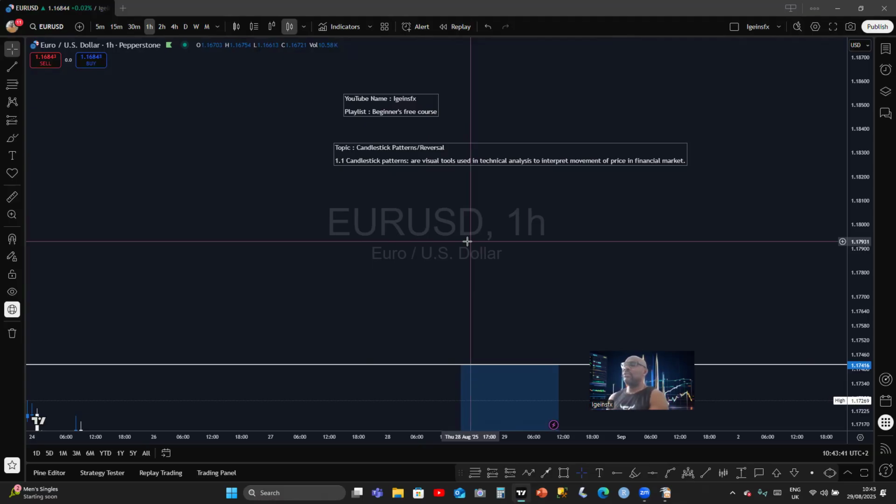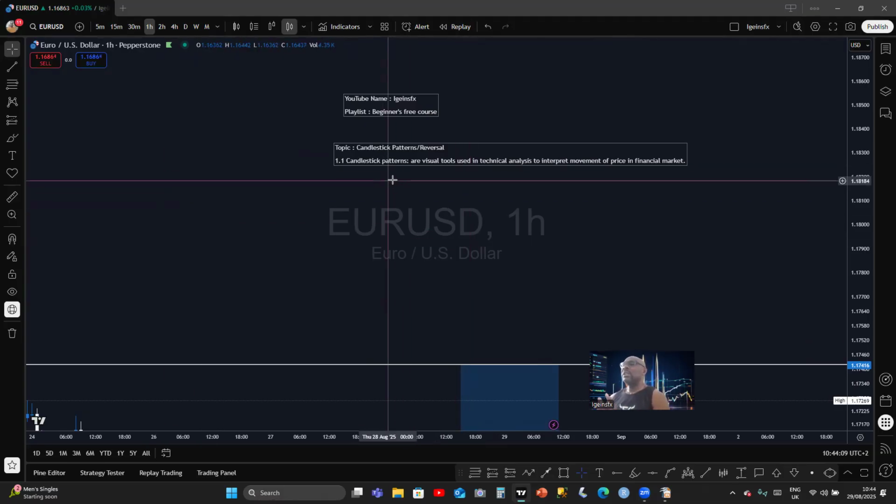Once you see it form at a particular level in your chart, then you just know, okay, I've been selling, or rather this trend has been going down since. Oh, I need to change my bias. I now need to start buying. So those things will tell you. That is why they are very key and important.